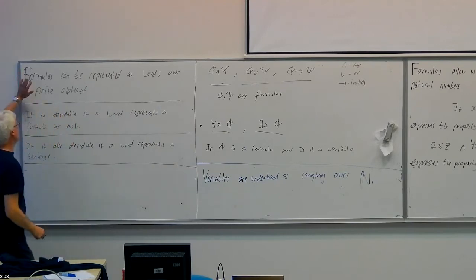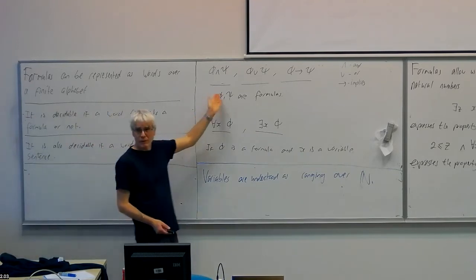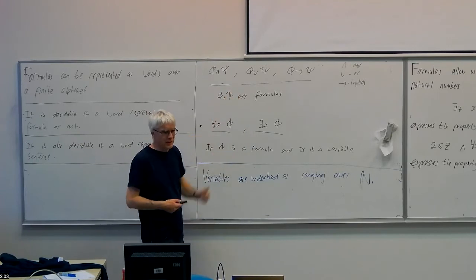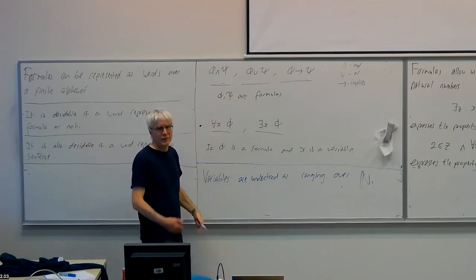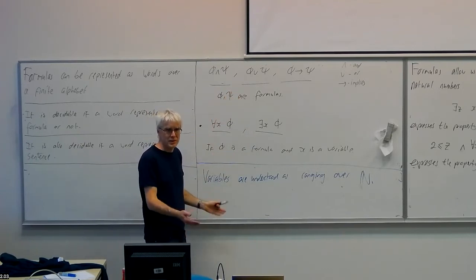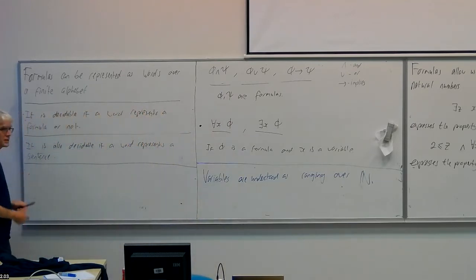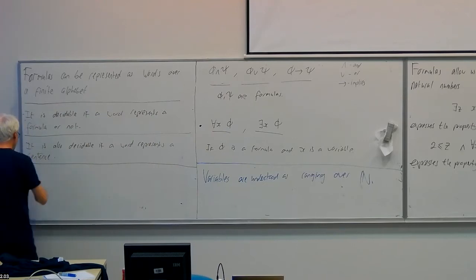And here I'm talking about representing formulas as words over a finite alphabet. That's kind of how we write them on the board. But in computability theory, we've seen that everything can be coded as natural numbers. So words over finite alphabets can ultimately be encoded as natural numbers. So let's now convert to natural numbers just for convenience.